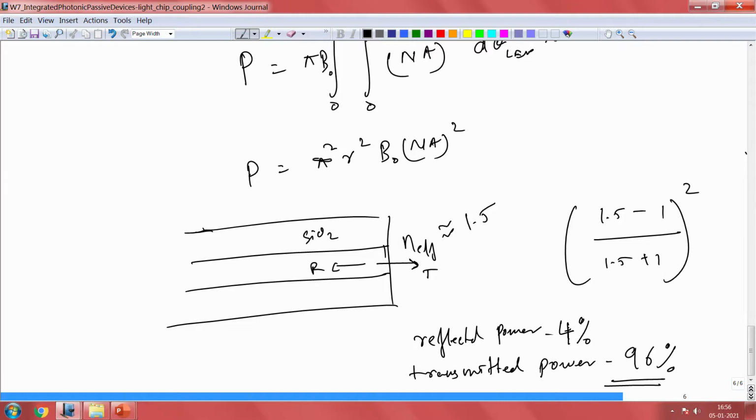But now, if you are going to increase the refractive index from 1.5 to, let us say, 3, then you can quickly do the calculation and see it is not going to be 96% anymore, it will be much lower. So, the higher the refractive index contrast between the systems, the more your reflection is going to increase and your transmission will reduce.